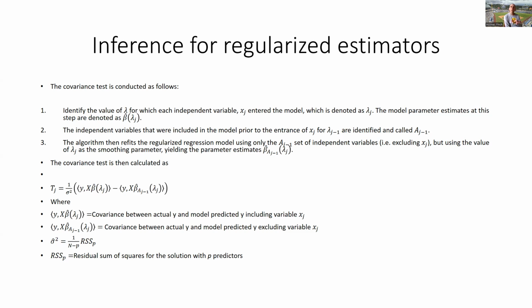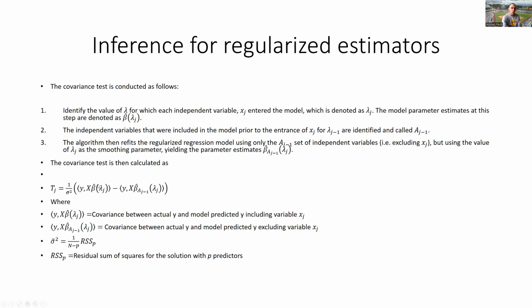All right. So now we've got two sets of slopes. What do we do with those? Well, that's what pops up here in this T sub j line. So notice this little bit of business here where I've got y, x, beta, lambda j. That's the covariance, thus the name covariance test. This is the covariance, or the numerator of the correlation.